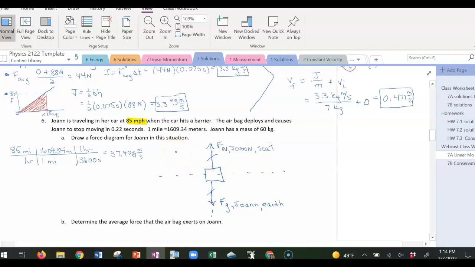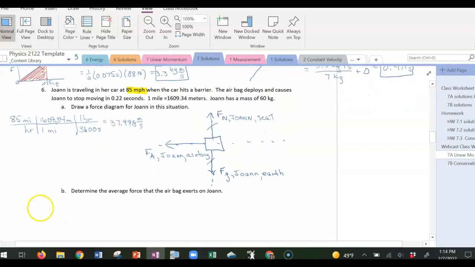And then, assuming that she's moving in a positive direction, the airbag applies a force in the opposite direction of the way that she's moving, and that causes her to stop very quickly. So that's an applied force on Joanne by the airbag. And that's going to be the net force in this situation.